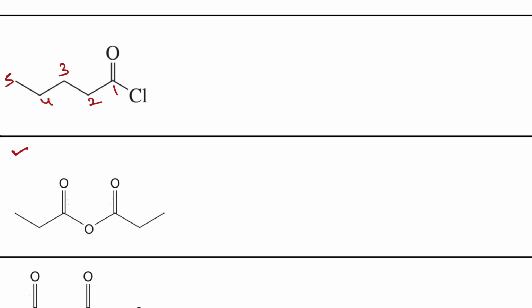Now, this is an acid anhydride. Oic anhydride we have to use. First, what you need to do is count the number of carbon atoms. 1, 2, 3. So 3 carbons. Therefore, we have to use this part as propanoic. 1, 2, 3. So that is also propanoic. But don't say dipropanoic. Just indicate it.